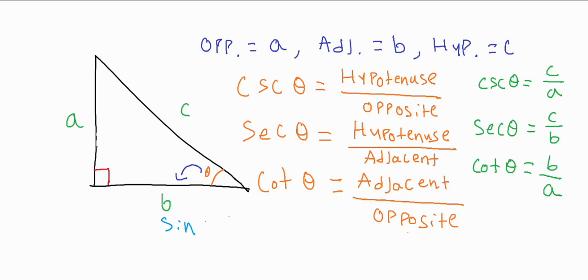So, if you have cosine and cosecant, do they seem different? No, they sound similar. Cosine, cosecant. Whereas sine and cosecant sound like the reciprocal of sine is cosecant.